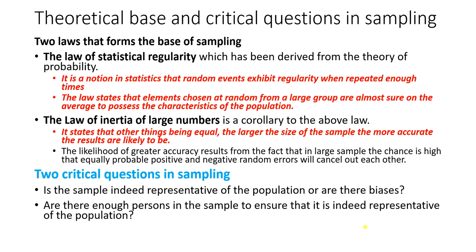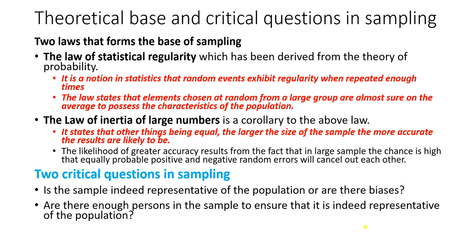And the second question that we should ask is, are there enough persons in the sample, that is, the size of the sample is large enough to ensure that the sample can be considered representative of the population. So it is basically related to the laws that I stated.